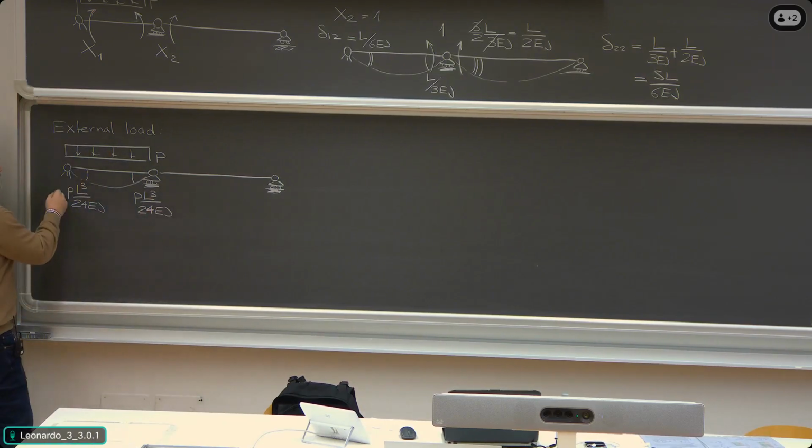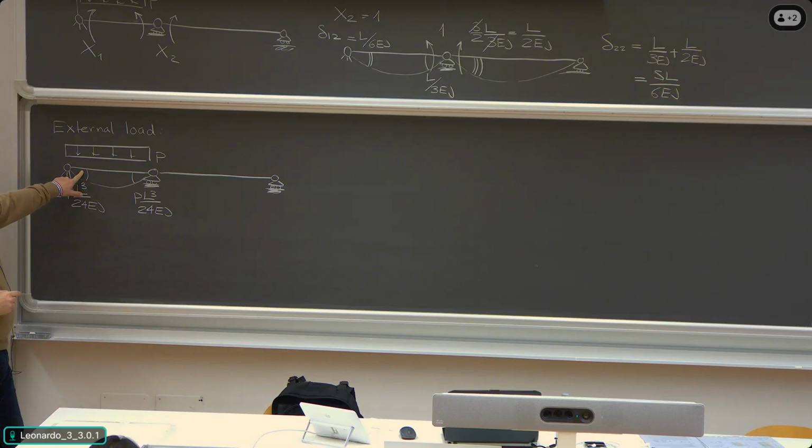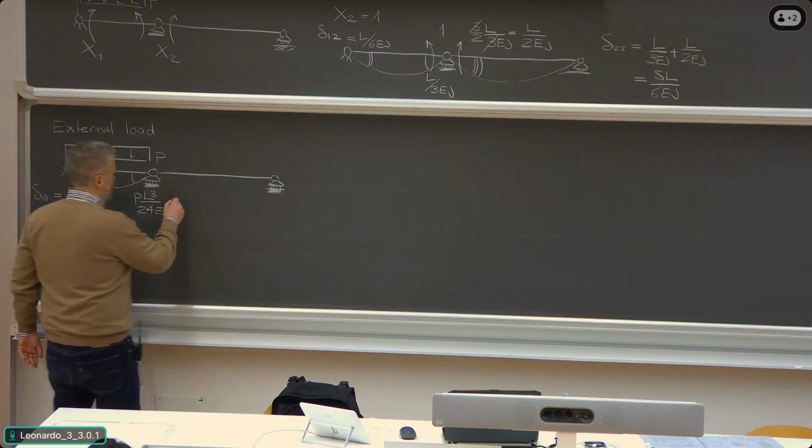And this basically means this is delta 1,0. If you look at the sign, this rotation is clockwise, as were the previous ones, which were all positive. The same here, this rotation is counterclockwise, again, like the previous rotations, which were all positive.